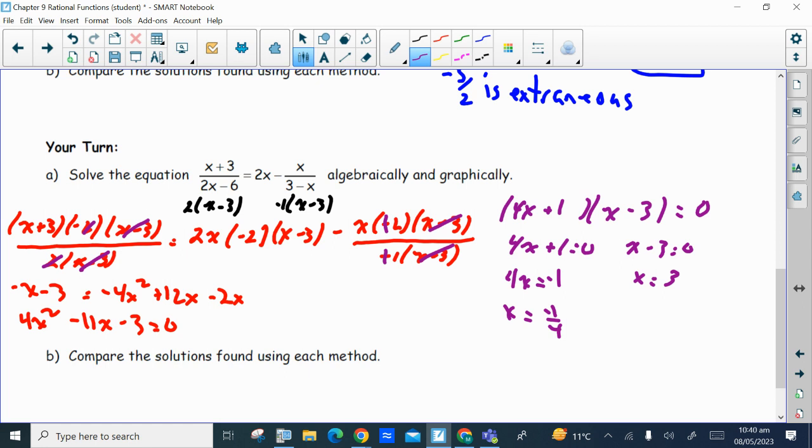Now, if we look at our equations, especially the factored forms, you can see that 3 is a non-permissive value. You've got factors on the bottom of x minus 3. X can't equal 3. It's a non-permissive value. It would be a vertical asymptote. So we can already say that x equals 3 is extraneous.